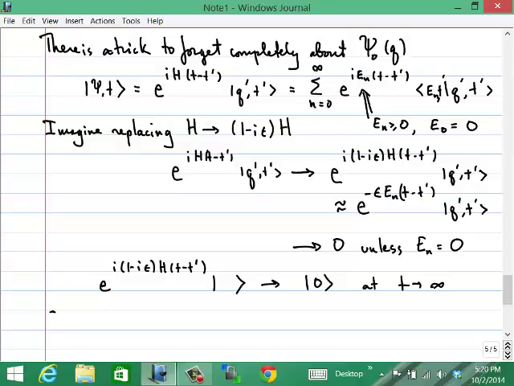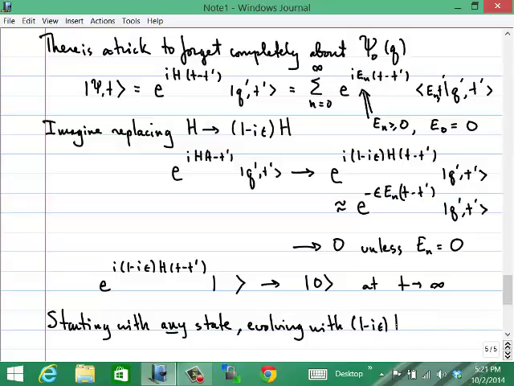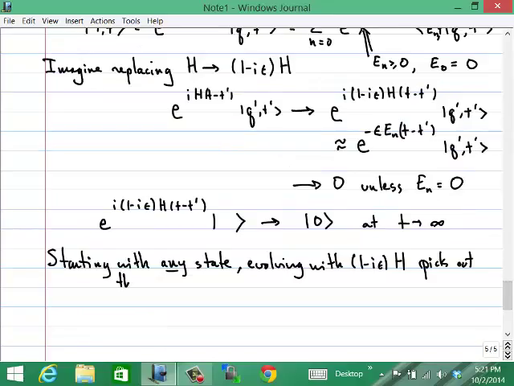So what this means is that starting with any state, as long as it has non-trivial overlap with the vacuum, evolving with not the Hamiltonian, but the non-Hermitian operator 1 minus i epsilon times the Hamiltonian, picks out the ground state at late times.